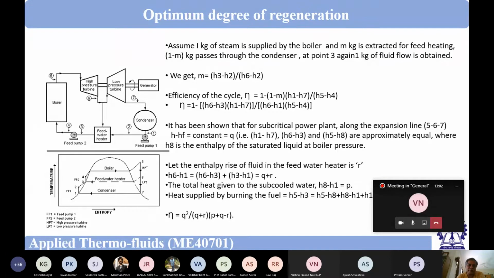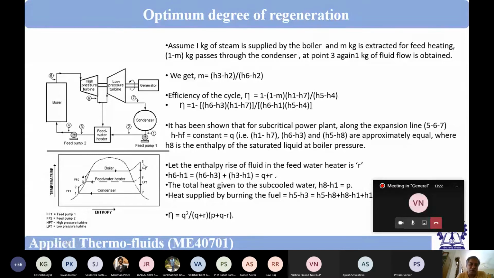It has been shown that for a subcritical power plant, along the expansion line, this 5, 6, 7, the line through the turbine, which we have assumed is isentropic or reversible adiabatic, H minus HF is constant.